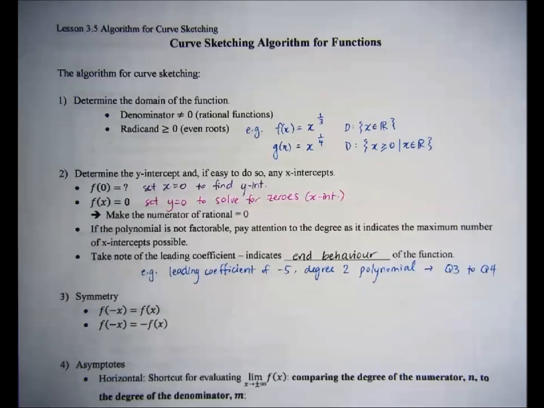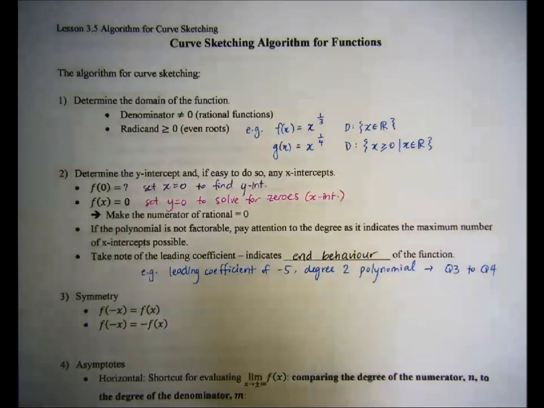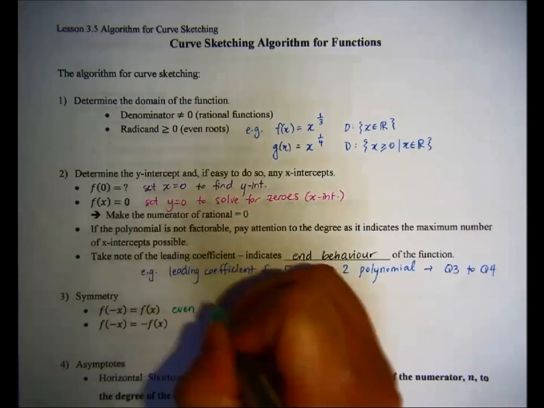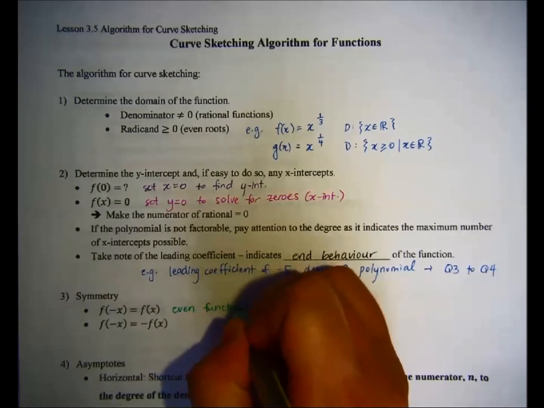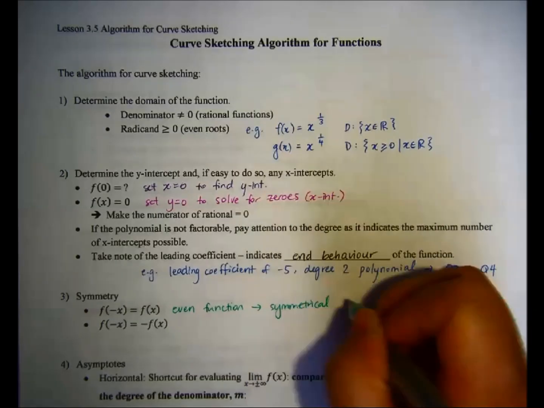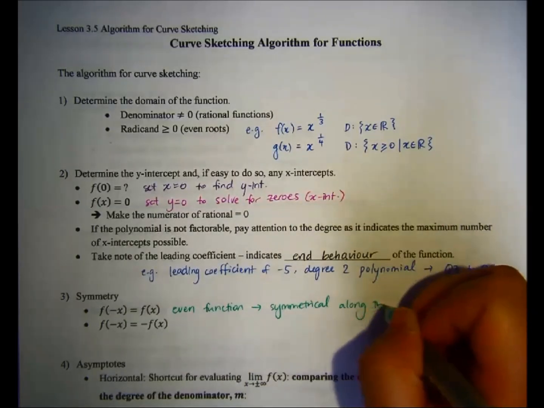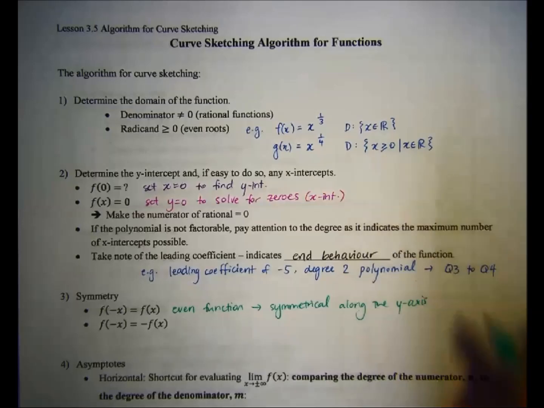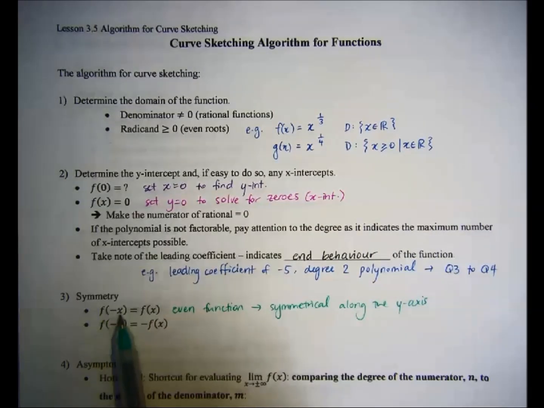Okay. Also, we need to take note of any symmetry. If you remember from advanced functions as well, if you have f of -x equals f of x, this meant that the function was an even function, which meant that there was symmetry along the y-axis. So meaning if you take the original function and you reflect in the y-axis, that would give you the same as the original function back.